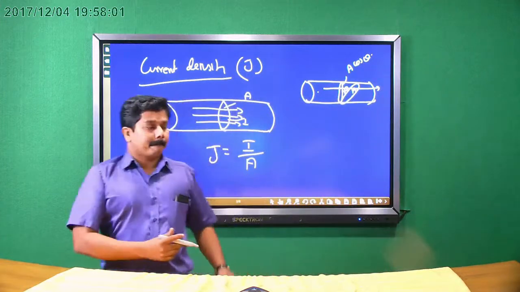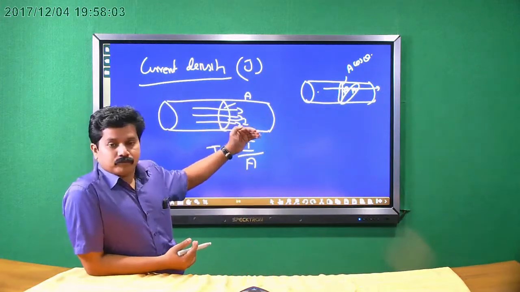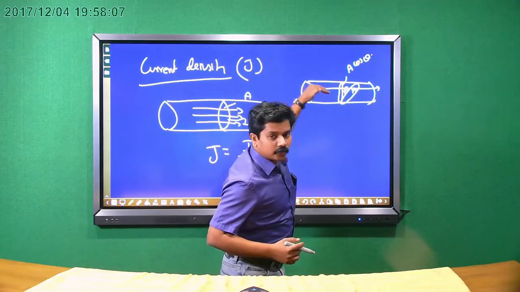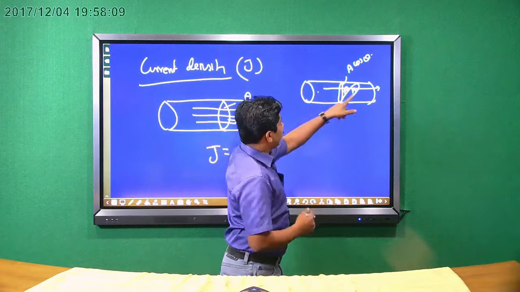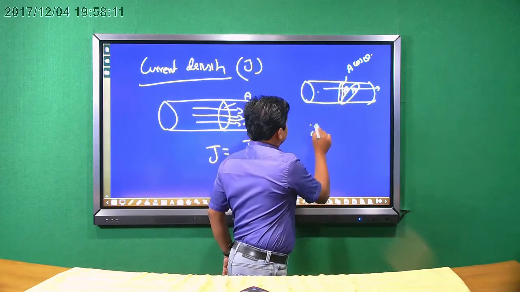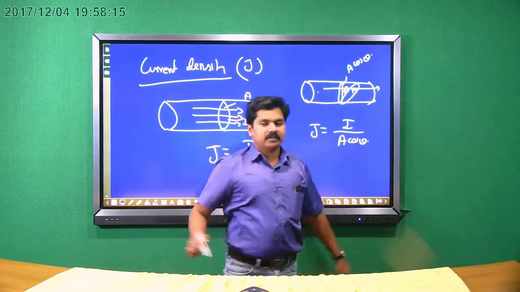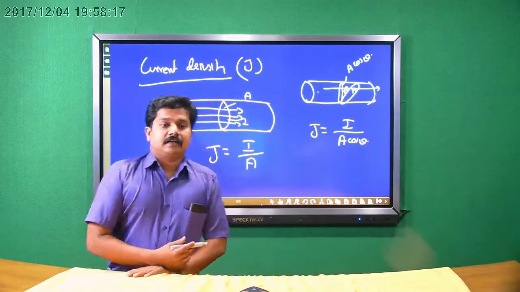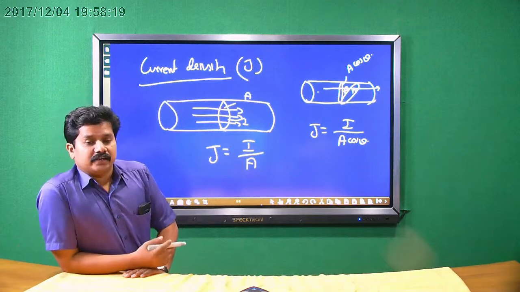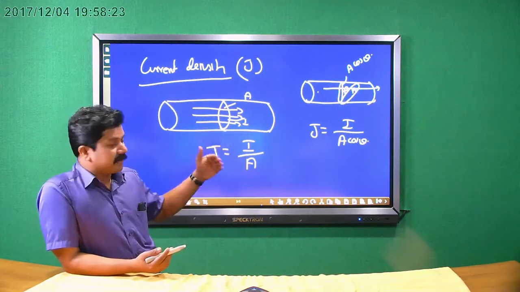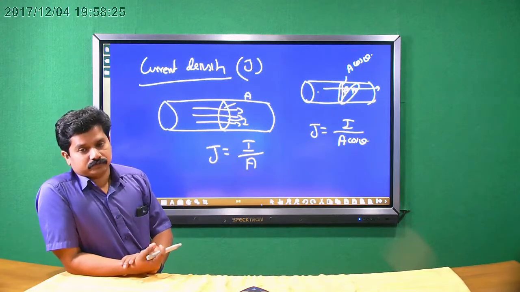The area perpendicular to the direction of the current flow will be A cos theta. Now current density in this case will be I by A cos theta. That is, current density is the ratio of the intensity of current to the cross-section area perpendicular to the direction of the current flow.